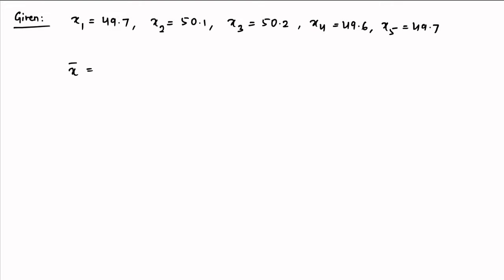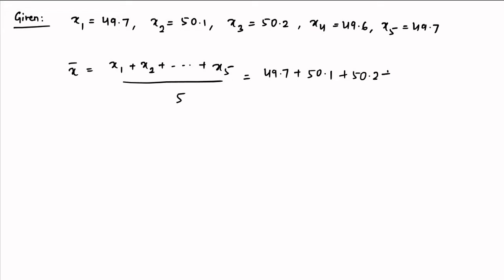So arithmetic mean, as I said, is the sum of the individual readings up to x5 here divided by 5, which is equal to 49.7 plus 50.1 plus 50.2 plus 49.6 plus 49.7 divided by 5. Okay, so let us calculate it. 49.7 plus 50.1, 50.2, 49.6, 49.7 divided by 5.